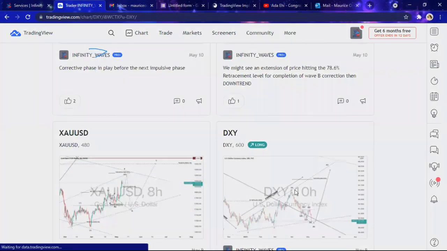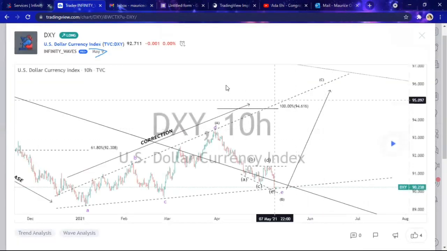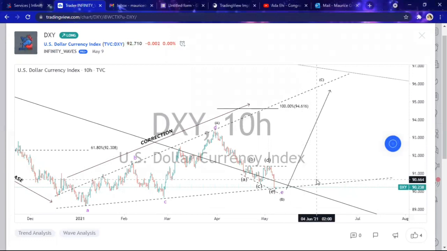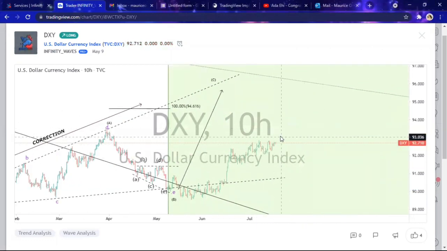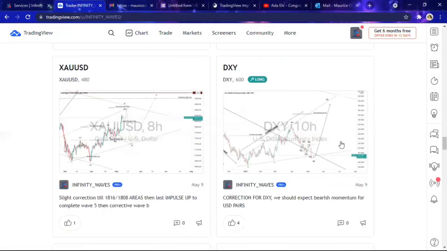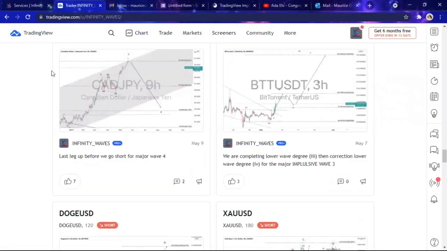You can see also this is the XY, which I had already mentioned how it was, which price was at this level here, and we are waiting for this move to go up. So this was May 9th, and clearly if we press play here, we see how it moved up. So that's how our analysis works.